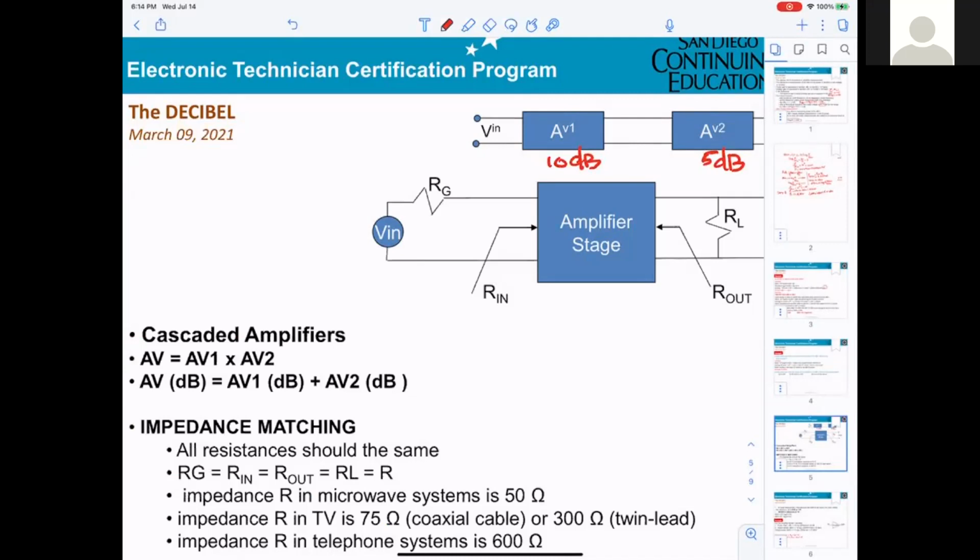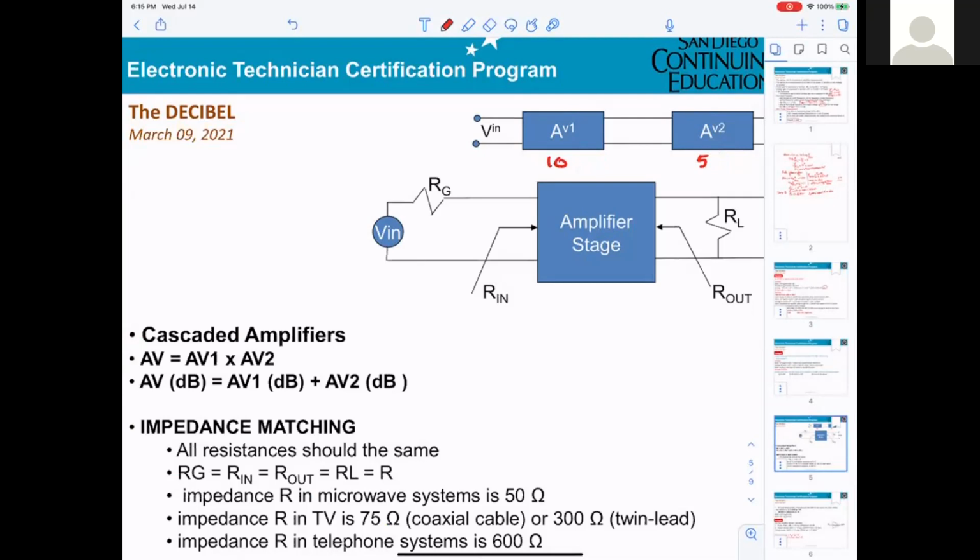However, if I say the first one is 10, the second one is 5, that's a numerical value. That's just the regular gain. Then it's 10 times 5, right, 50.